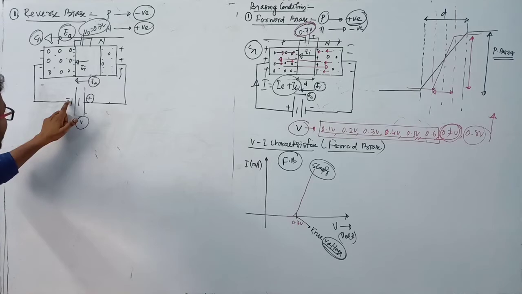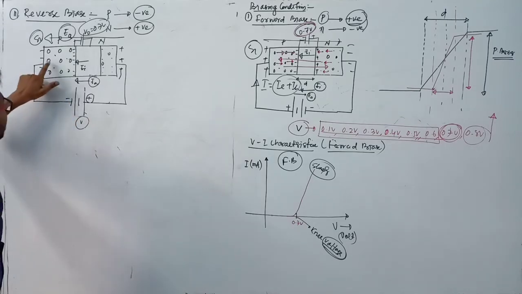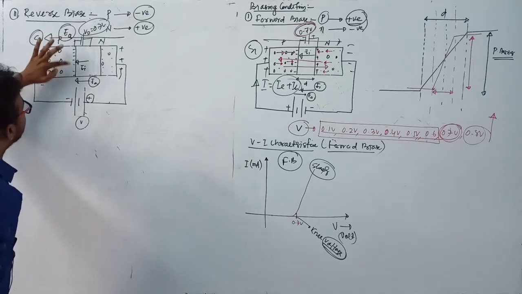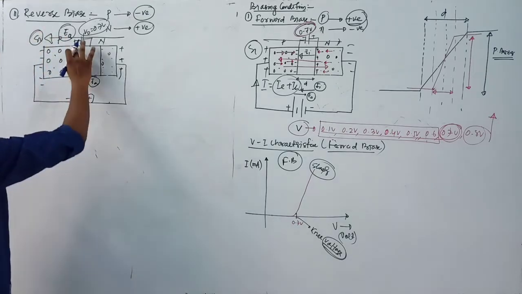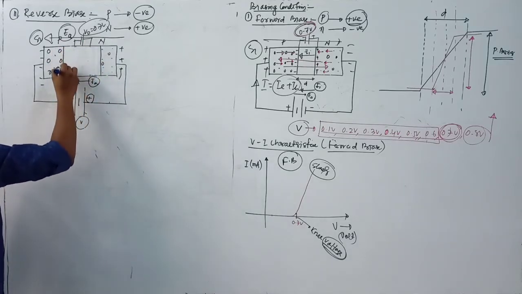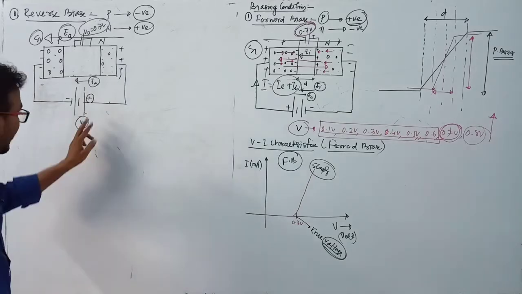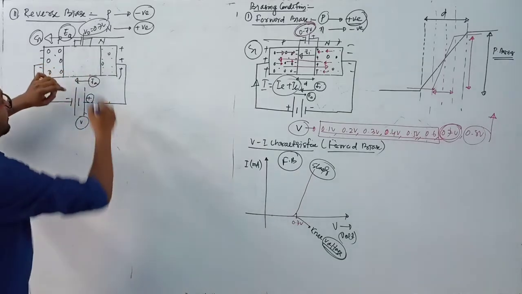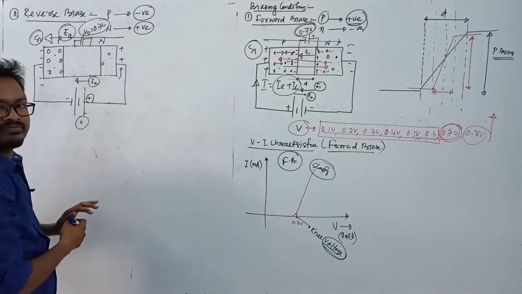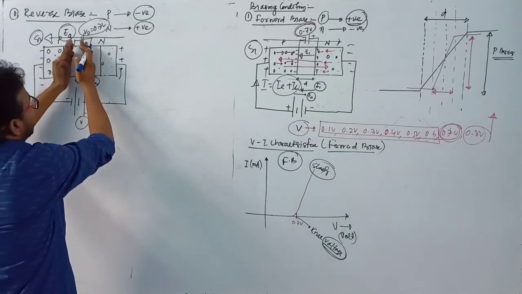Similarly, negative charge, if negative charge comes toward this direction and a hole is here, suppose this hole is attracted towards the negative charge, then this depletion layer now increases. This is depletion layer increase. Again it attracts electron, this electron now decreases. So the depletion layer increases in this case.